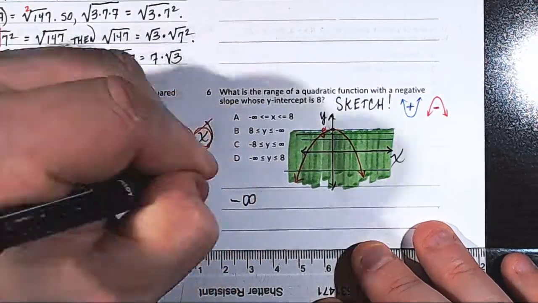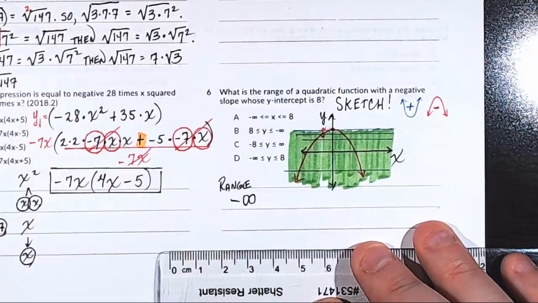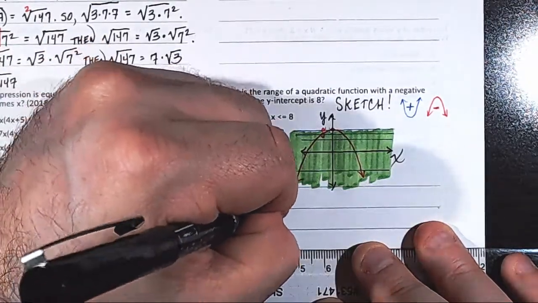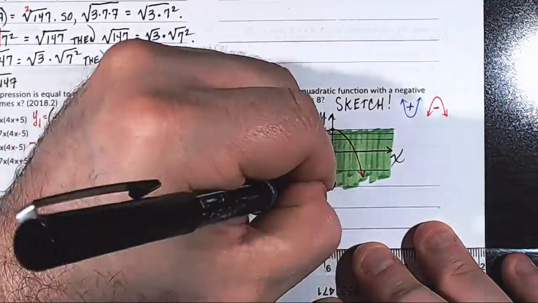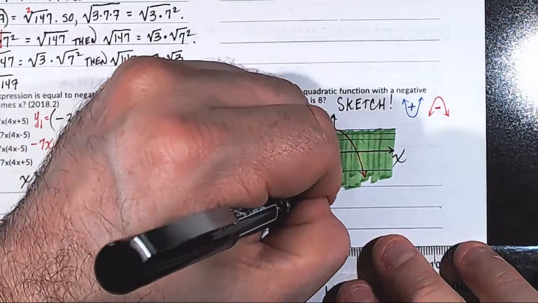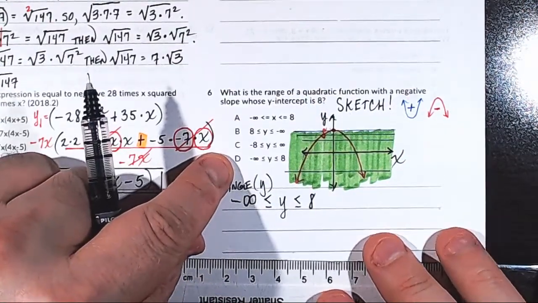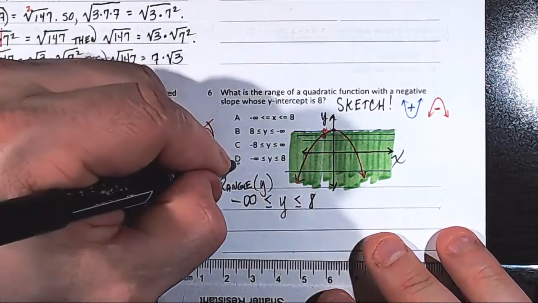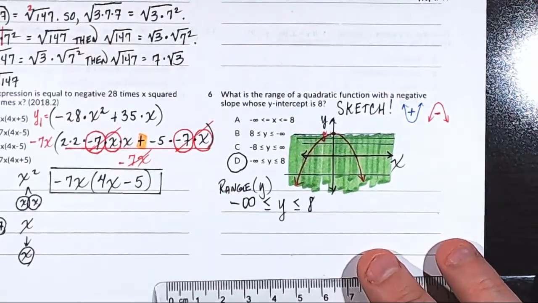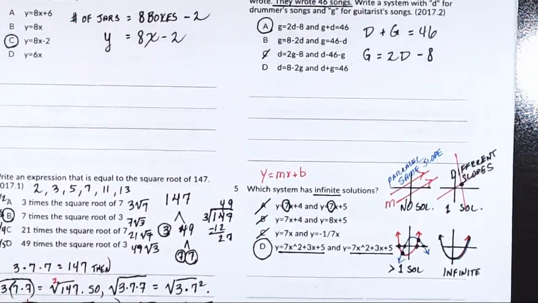This is the range. Okay, so the range: y, negative infinity less than or equal to y, less than or equal to the highest value that it can be, which is 8. So the answer choice that corresponds to that is letter D. Okay, and we will move on.